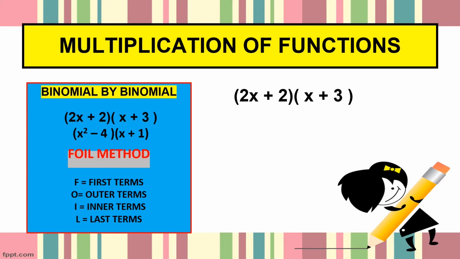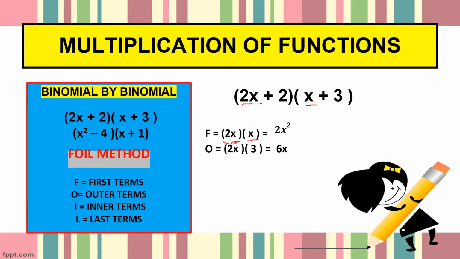So, we need first to get the product of your first terms. In here, your first terms would be 2x and x. Where can you locate that? Here: the first term in your first binomial and the first term in your second binomial. So, 2x times x will give you an answer of 2x squared.